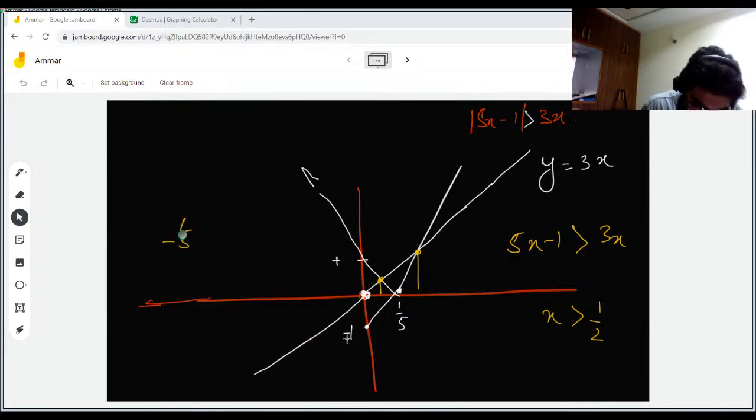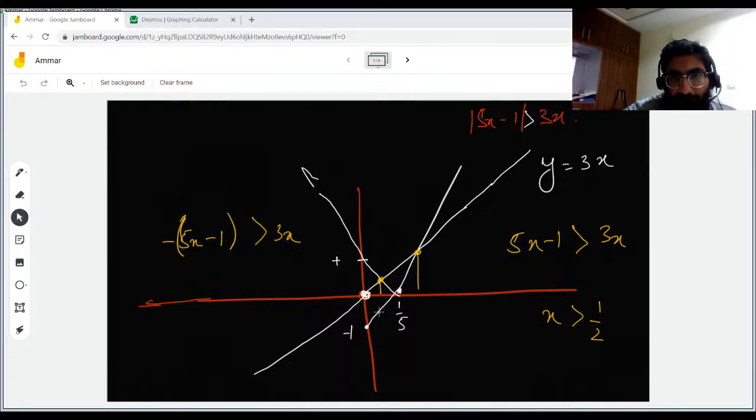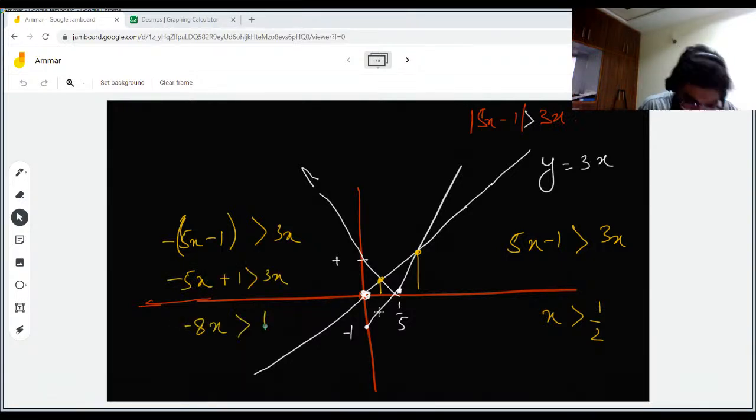Minus 5x minus 1 is greater than 3x, right? So for this one I will have minus 5x minus 8x is greater than 1... greater than minus 1.